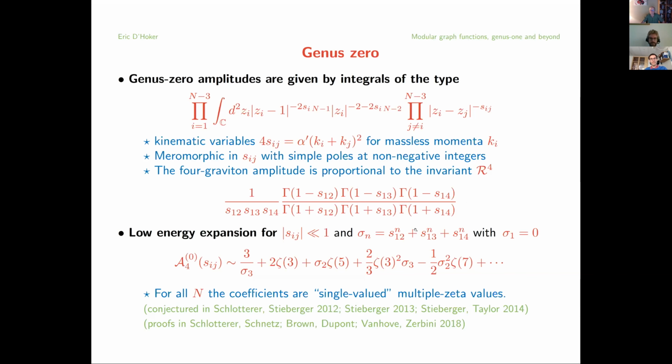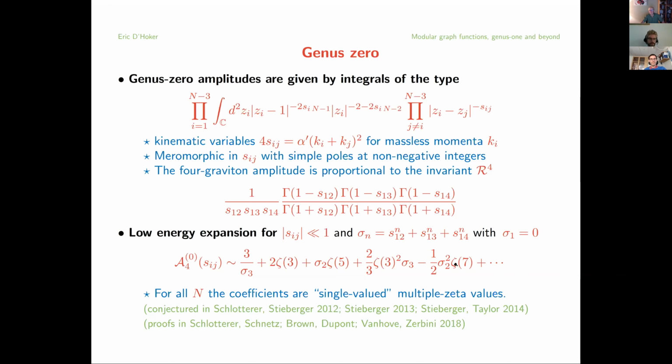And so it's convenient to introduce these symmetric polynomials of the 3 variables s12, s13, and s14. Their sum is 0, so they're not independent, but there are 2 independent ones. And so the expansion of this ratio gives you, first of all, a factor of 1 over stu here. So that corresponds to just the exchange of massless particles.